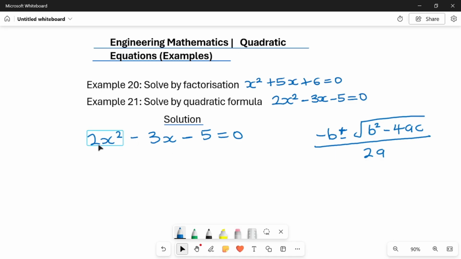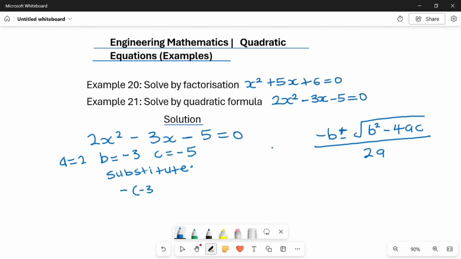So we know that a will be 2, b will be minus 3, and c will be minus 5. So we have that a is equals to 2, b is equals to minus 3, and c equals to what? Minus 5. So next thing is to what? Substitute. So if we substitute, we'll have that minus b is what?